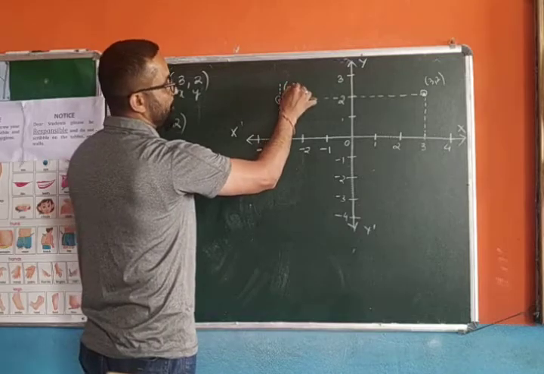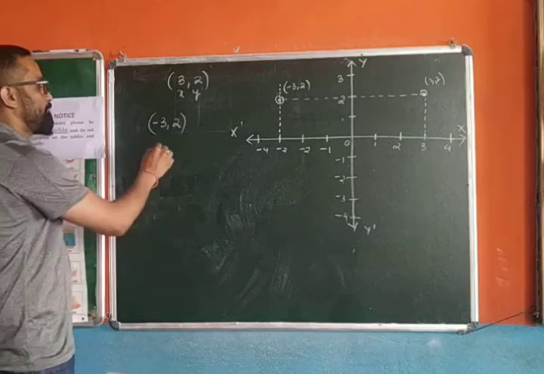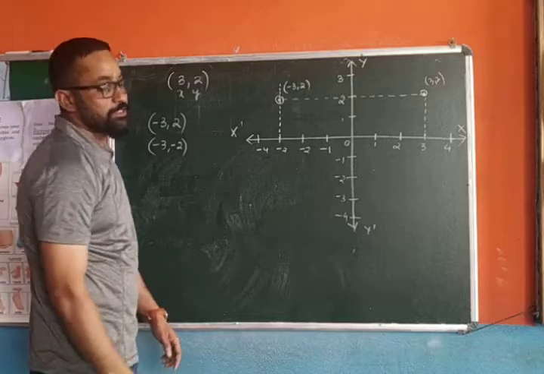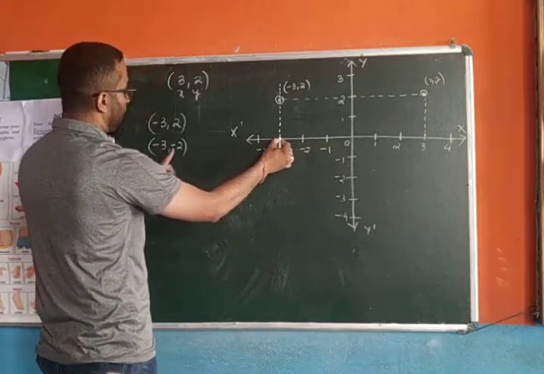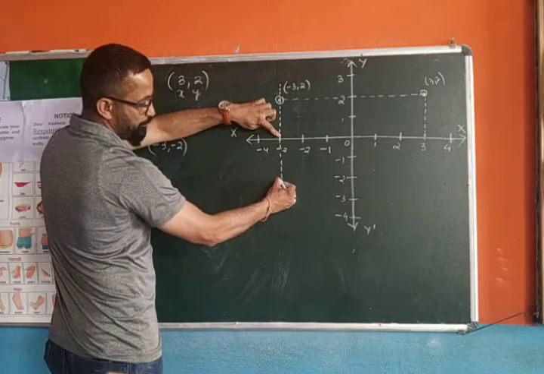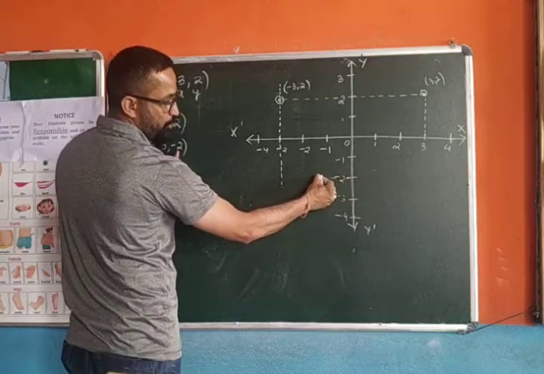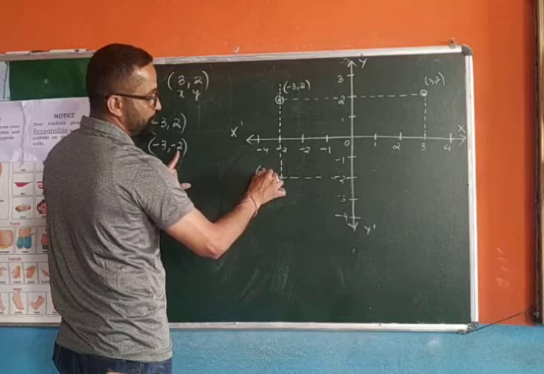It is -3, 2. Similarly, suppose you have -3, -2. X is -3: -1, -2, -3. Y is -2, so you draw a vertical line below. From -2 you draw a horizontal line. Intersection will give you -3, -2.